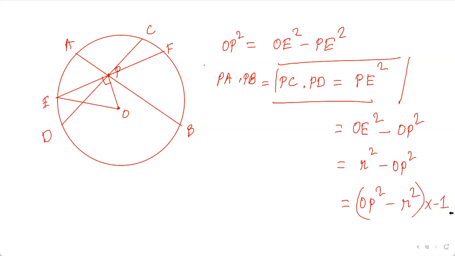So that's the idea. But how can I say that PA times PB is equal to PE square? Or maybe you can get some similar triangles.